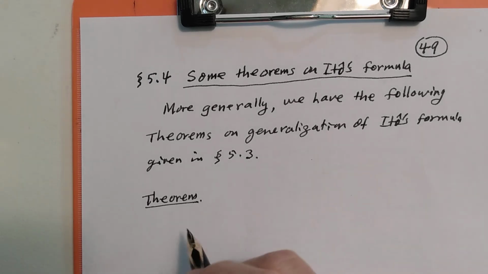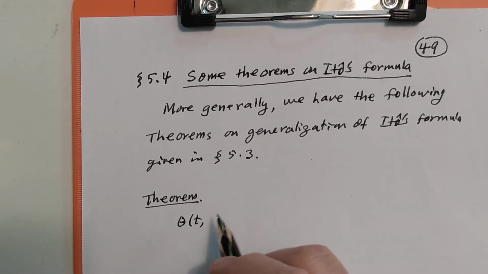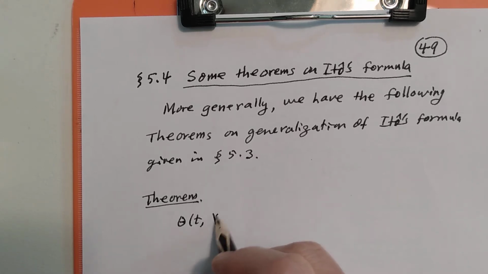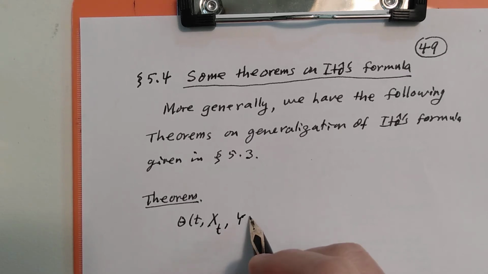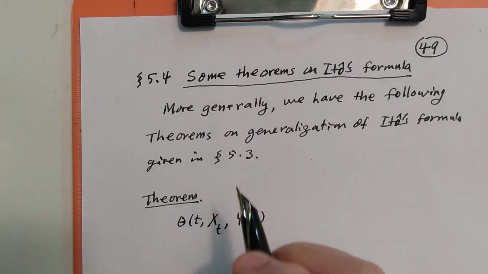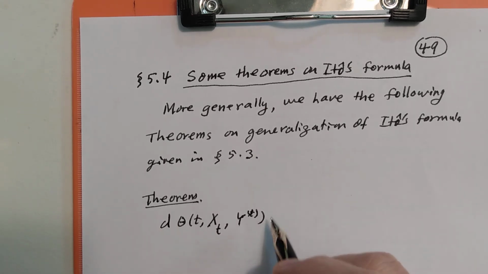is suppose we have a function theta of t and x and y. And now, if we put x sub t, y sub t, the same thing as given in section 5.3, then what is the stochastic differential?